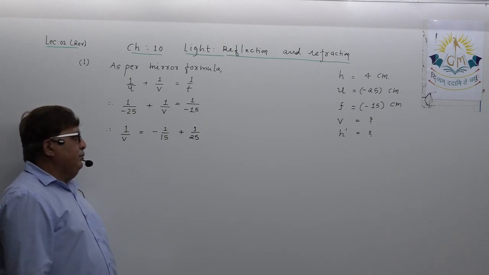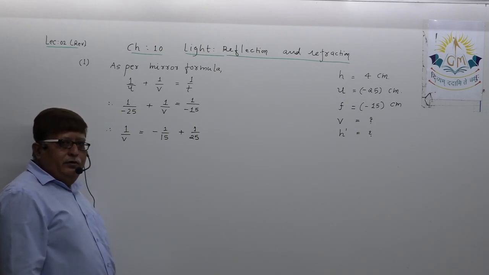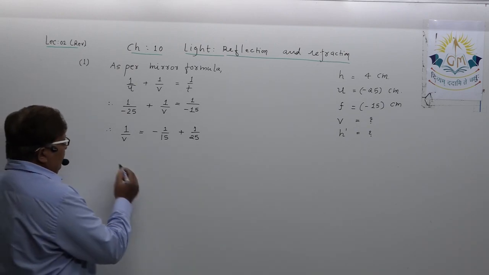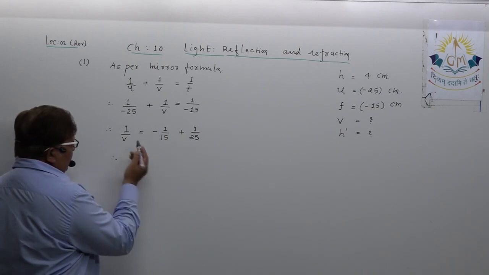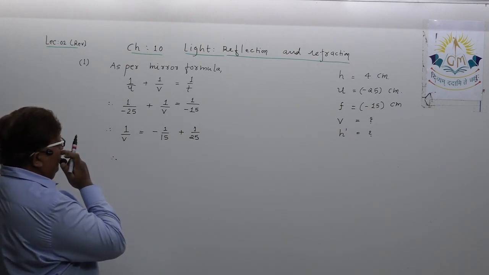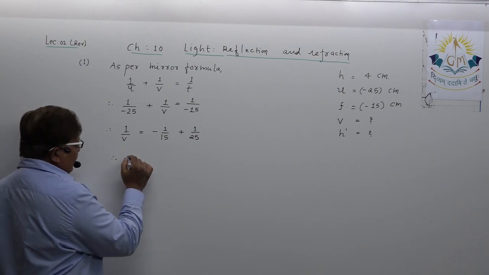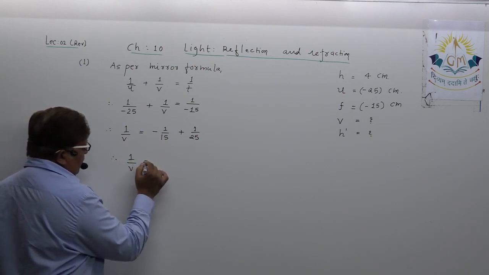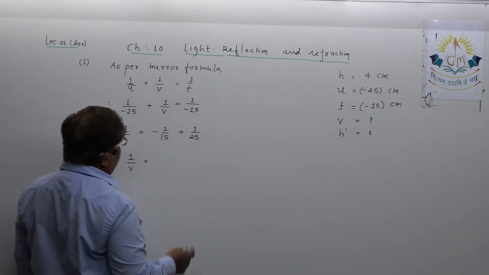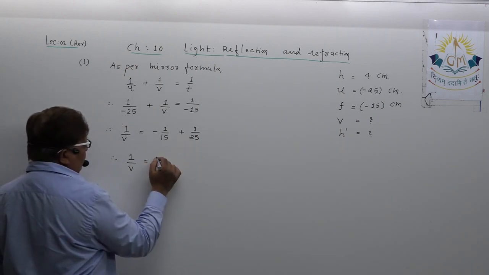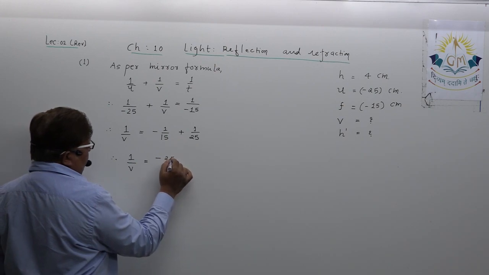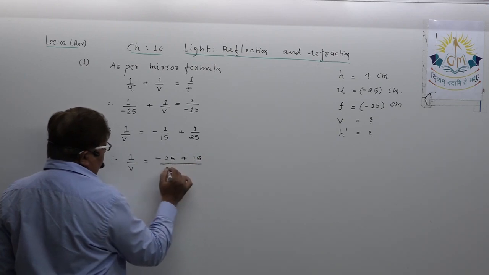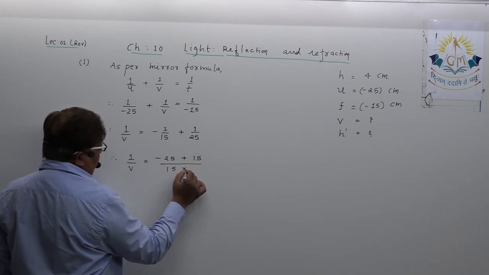After this, it's just a question of taking the LCM. But if you can remember, at that time I taught you a simple way. Rather than worrying about the LCM, just cross multiply: minus 25 plus 15 upon 15 into 25.